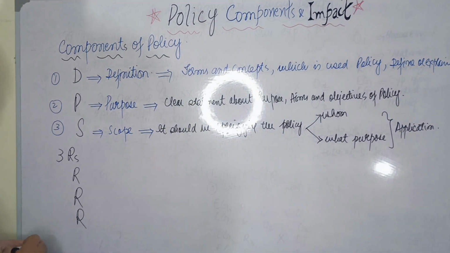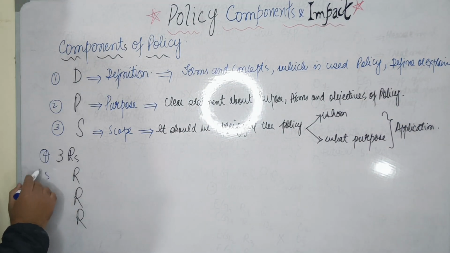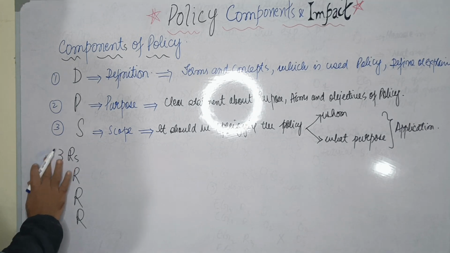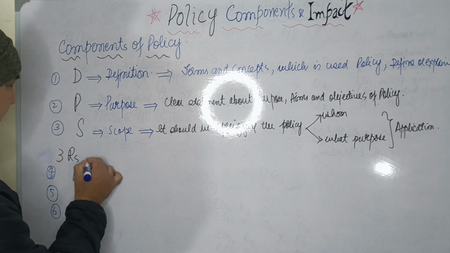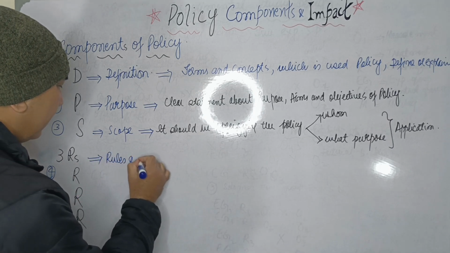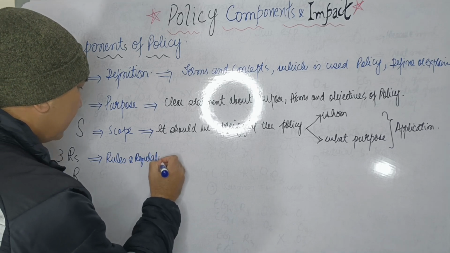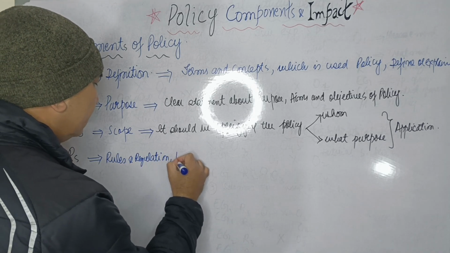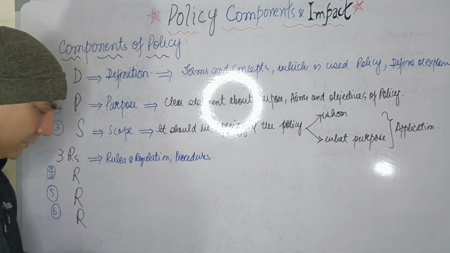Now the fourth, fifth and sixth are the R's. The first R is for the rules, regulations and procedure.